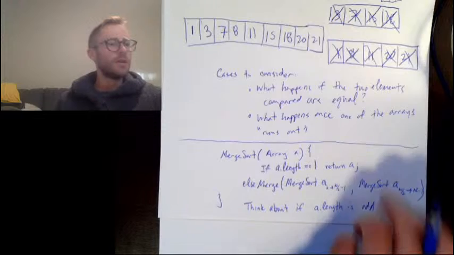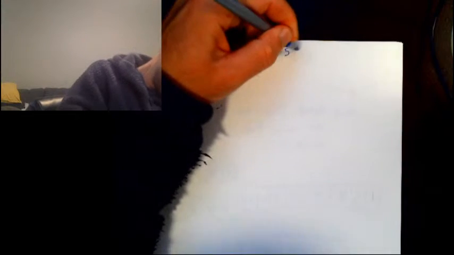Okay, so let's go through an example of how merge sort actually works. I'm gonna get an array. I wrote it down yesterday: 14, 8, 9, 3, 5, 4, 21, 12.